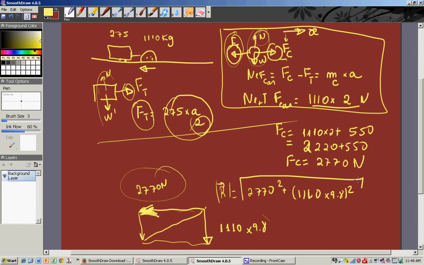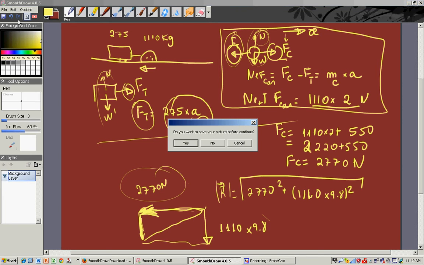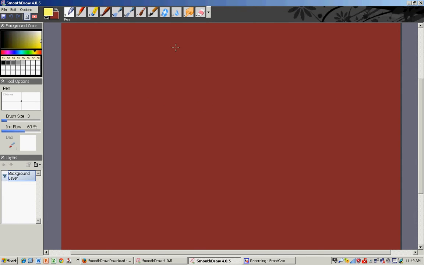So we have to include the normal, the reaction to the normal, and the reaction to the pull forward force. Then the angle is going to be the tangent of this much, which is the reaction of the normal, divided by this, which is the car on the floor.